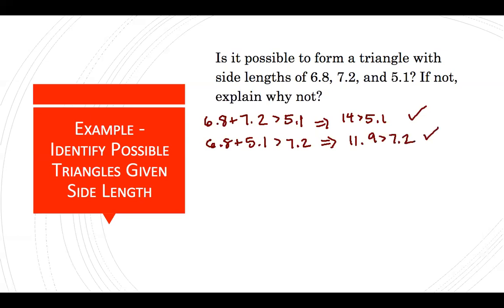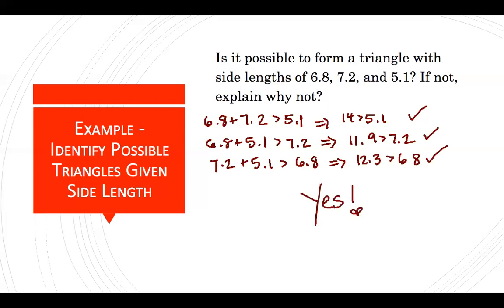And then lastly, we have 7.2 plus 5.1 needs to be greater than 6.8. 7.2 plus 5.1 gives me 12.3. Is 12.3 greater than 6.8? Yes. So, is it possible to form a triangle with these side lengths? Yes. Questions?